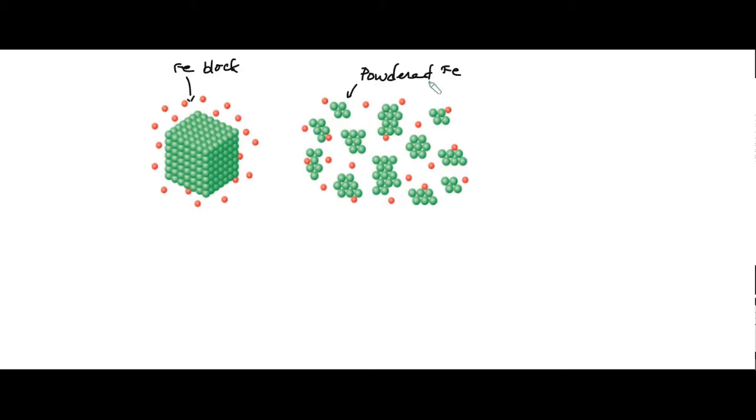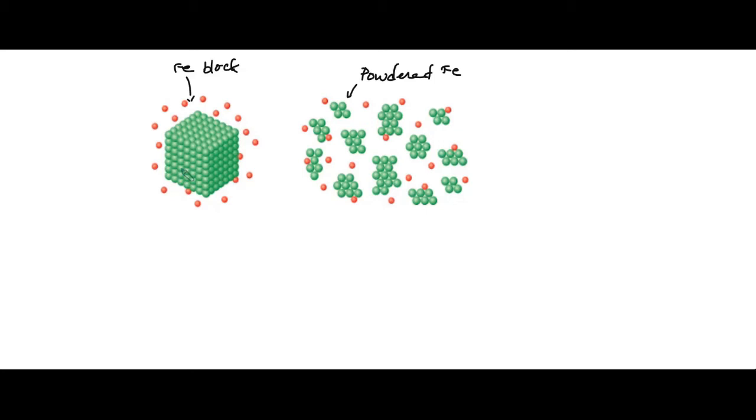Or in other words, we can say that in a block of iron, the surface area that gets exposed for the molecules to undergo collision, for the iron particles and copper sulfate particles to undergo collision is greatly less. But when we are going with powdered iron, the surface area of iron particles gets increased.